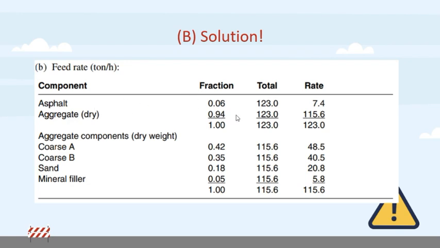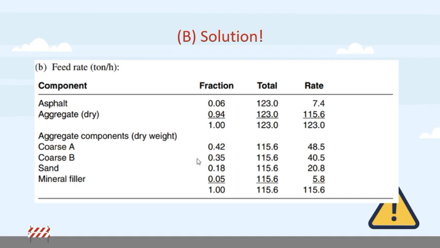For asphalt, earlier it was 6%, so multiplying, we get 7.4 tons per hour. For aggregate, dry is 94%, the total being 100%. Multiplying by 123, we get 115.6. By adding, we should get the total capacity we got earlier.